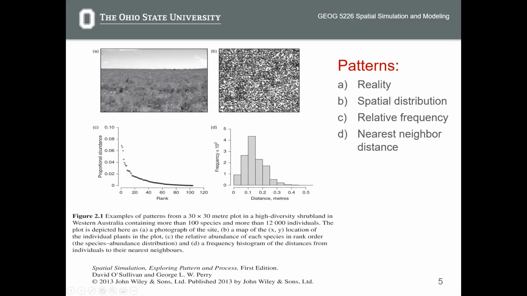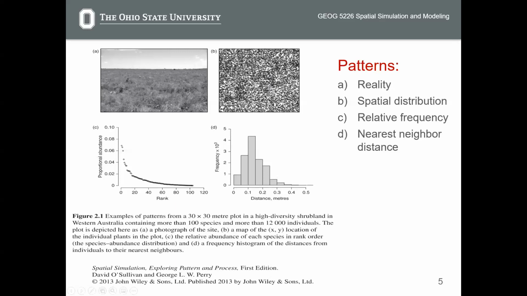Choose a dot here, find its nearest neighbor, and measure the distance between this randomly picked individual and its nearest neighbor. That's the distance between an individual and its nearest neighbor. It's easy to understand, right?